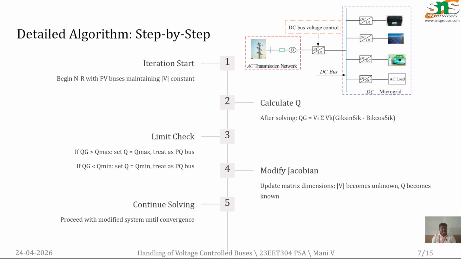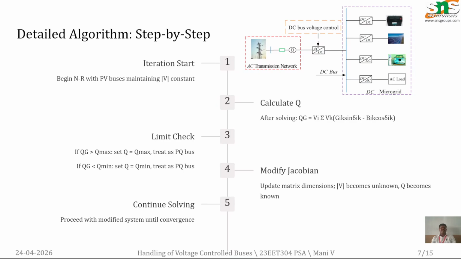One is if the calculated reactive power is greater than the maximum value. Then we set the reactive power equal to the maximum reactive power and treat it as a PQ bus. When the limit is violated, we convert the PV bus into a PQ bus.